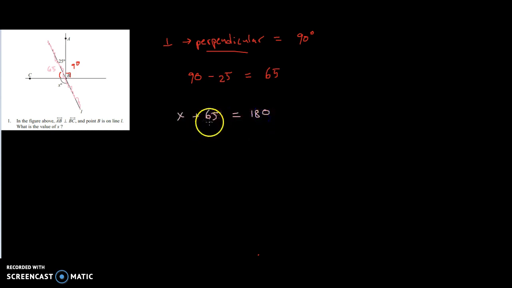Well, we can just use our basic linear algebra skills here. We can subtract 65 from both sides, and that gets us to x is equal to 180 minus 65. I can do this. I think that's 115. Yeah. So the value of x is 115 degrees.